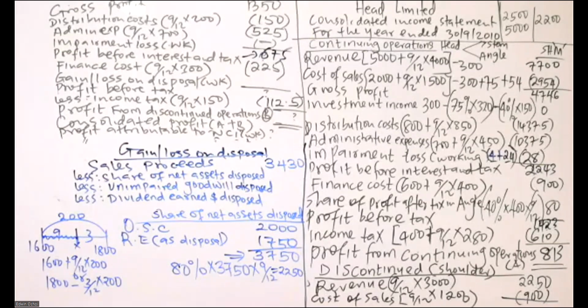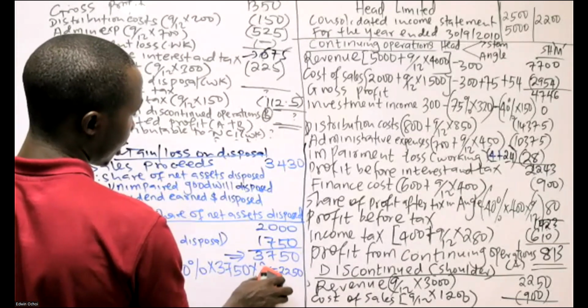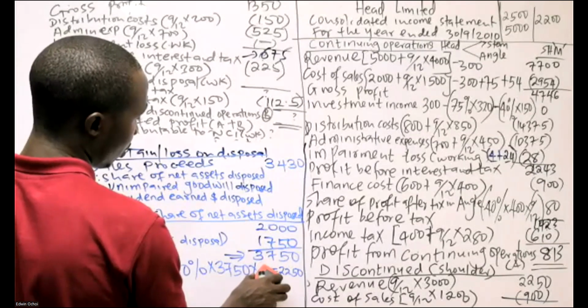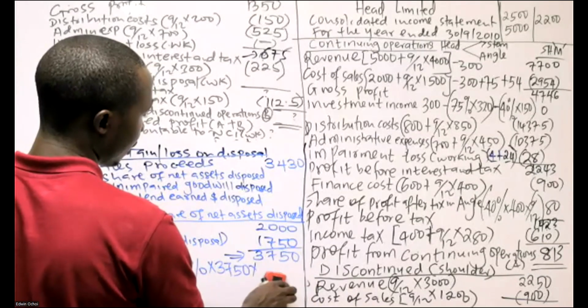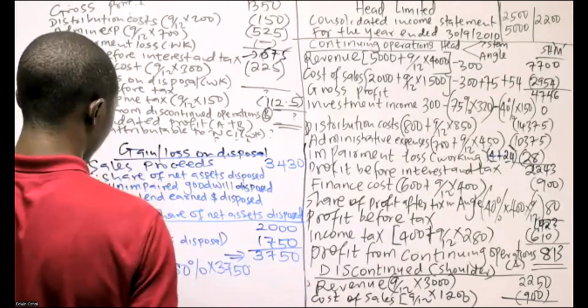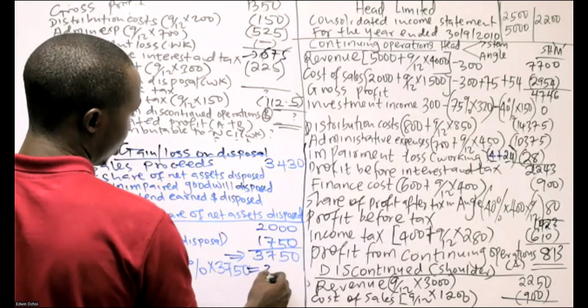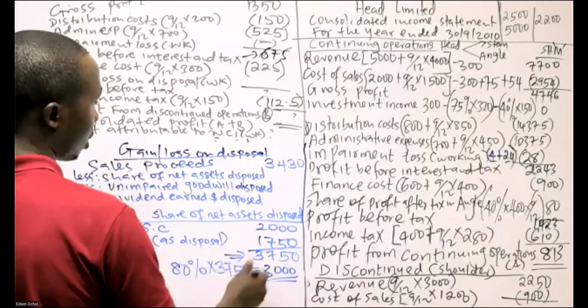For the net assets, we are not supposed to apportion in any manner. We consider that the net assets were there as at the end of the year. You don't have to apportion. The net assets given are as at the end of the period, so it's just supposed to be 3,000. Record that 3,000.